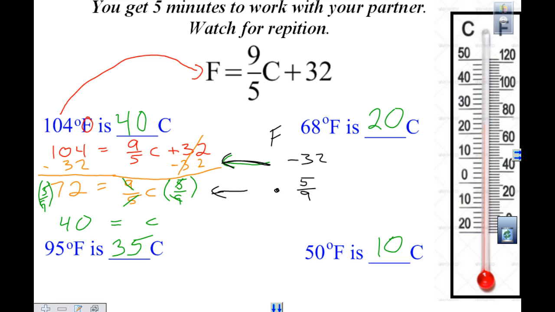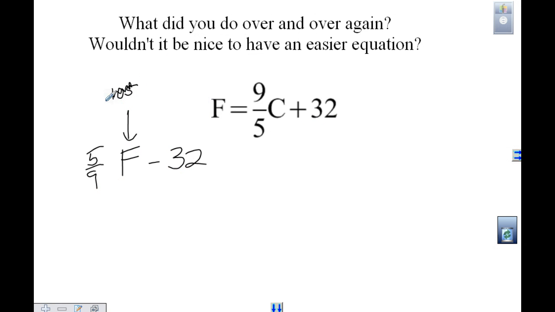Go ahead and test that. Test the formula, see if it works. Plug in 104. We know the answer that comes out should be 40. Plug in 104 in here, see what you get. Punch it in or write it out, either way. What do you get?